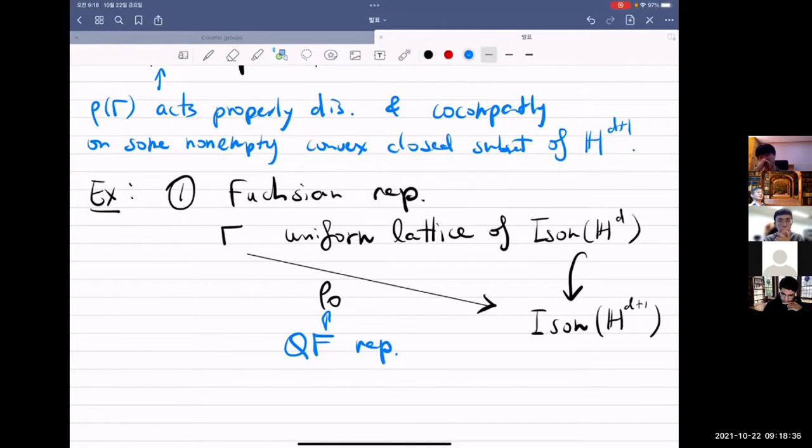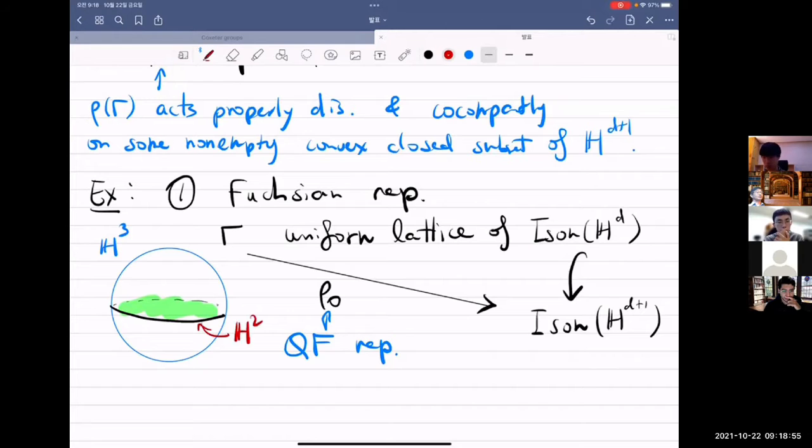Let me draw the pictures. Here I have hyperbolic 3-space, for example, and in the middle, this is my H^2. If you think of the uniform lattice of the isometry group of H^2, then of course the limit set is exactly this black circle, which is homeomorphic to S^1.